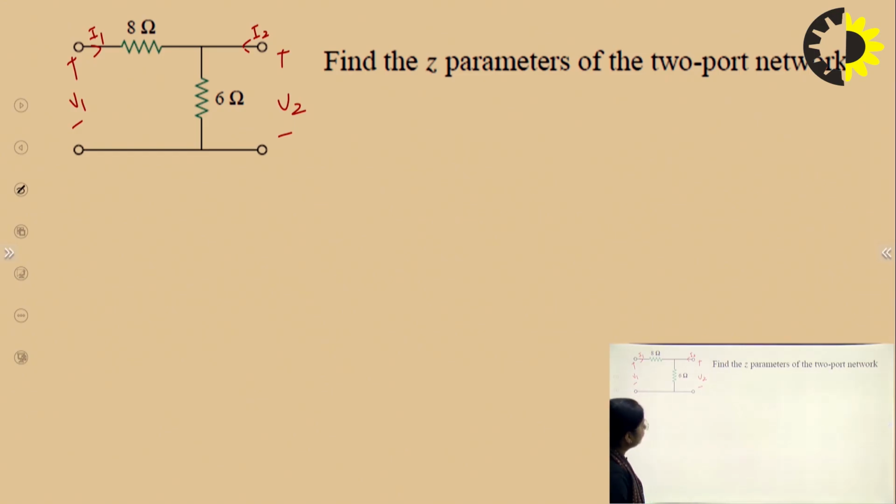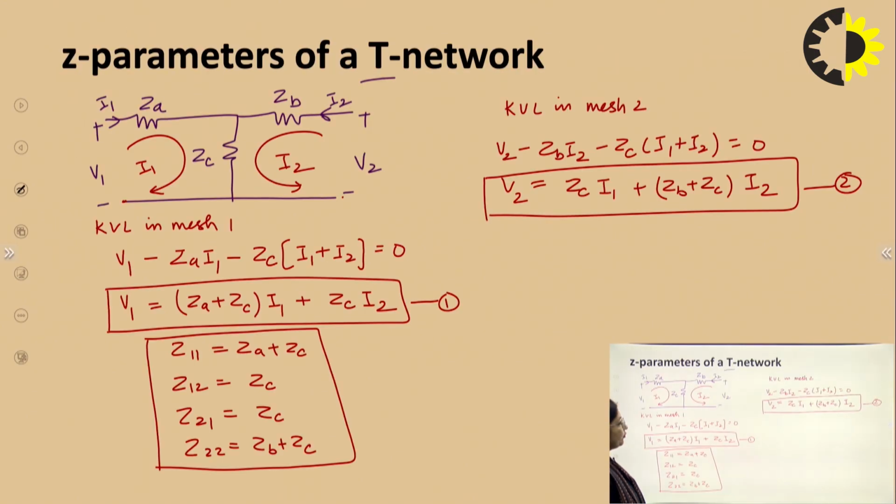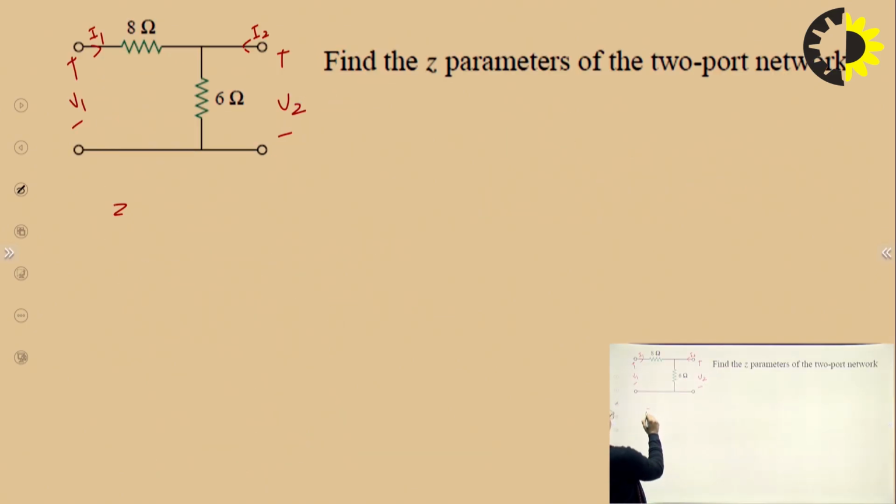If I compare this circuit with the T network, I can say ZA equals 8 ohms, ZC equals 6 ohms, and ZB equals 0 ohms, because there is a short circuit where ZB must be placed. So, ZB is 0.